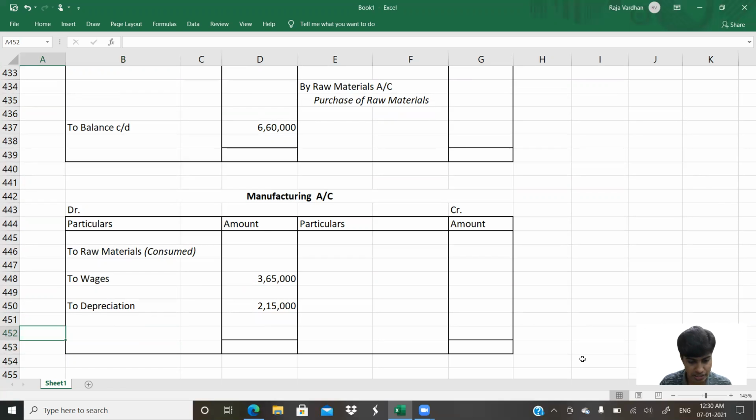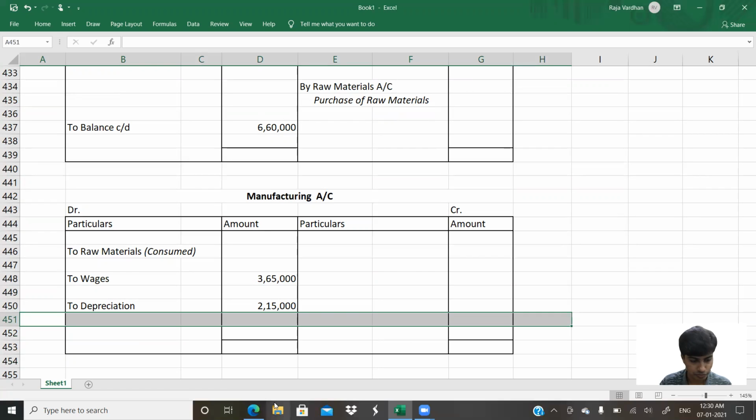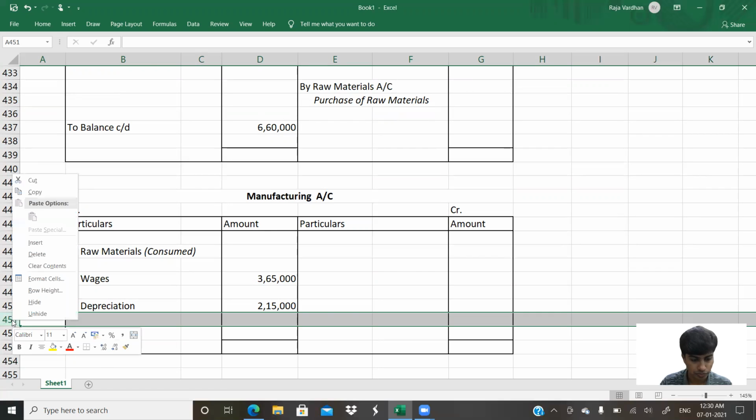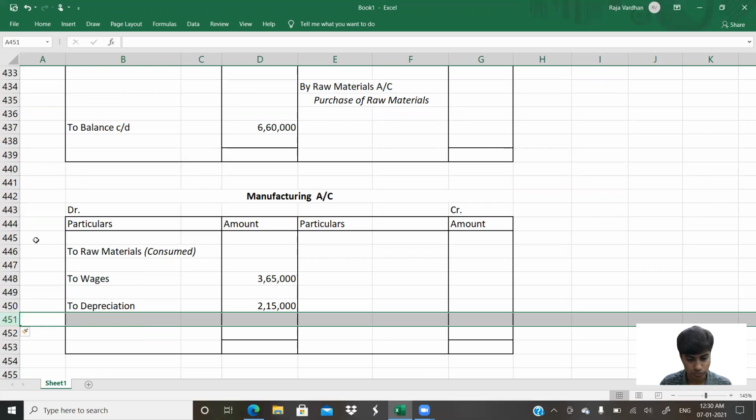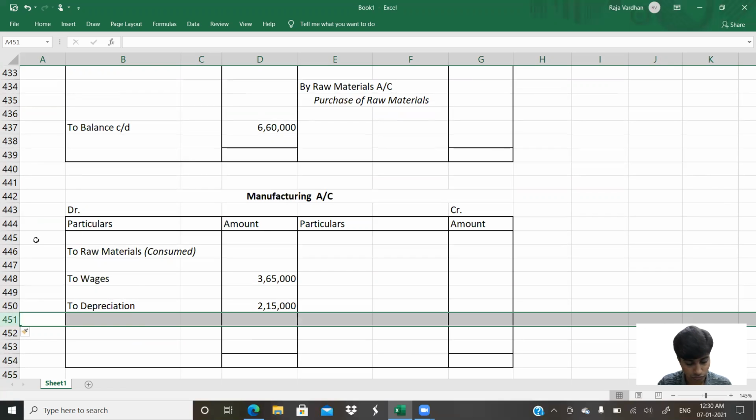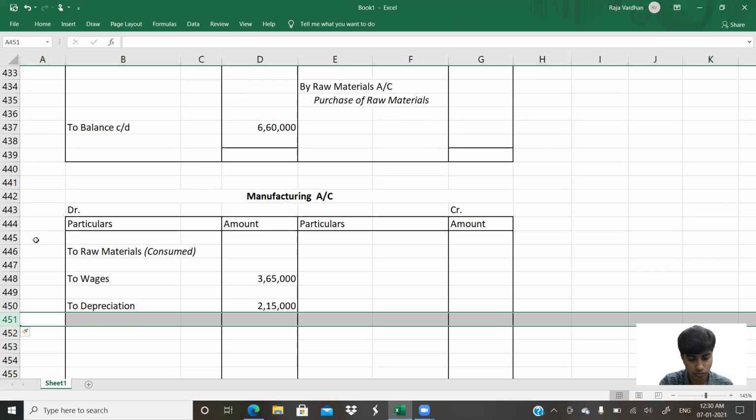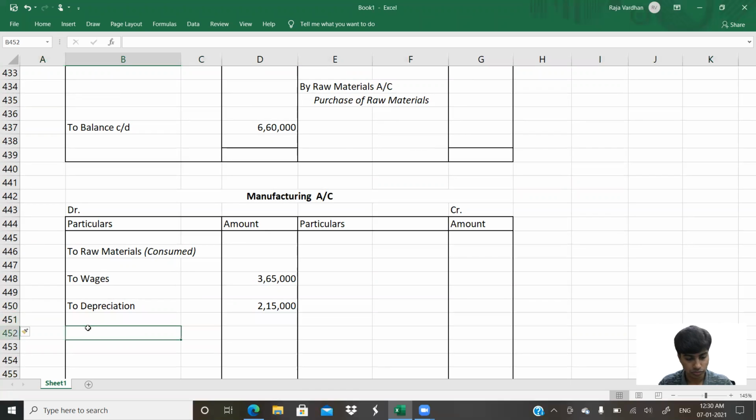If there are any changes, we'll see it later. To direct expense. How much? 2,49,000.